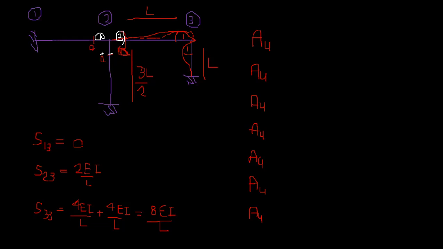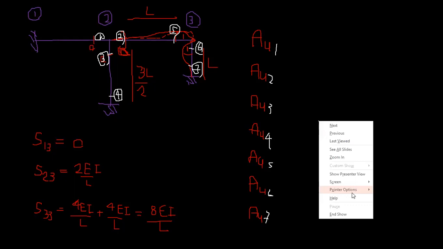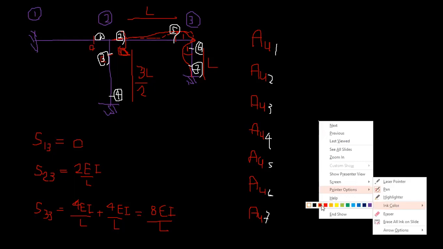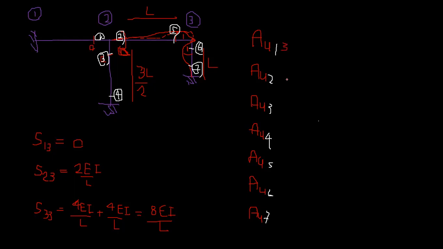This is my third. This is my fourth. This is fifth. This is sixth. This is seventh. So this is at first, second, third, fourth, fifth, sixth, seventh. Due to the load at third coordinate.